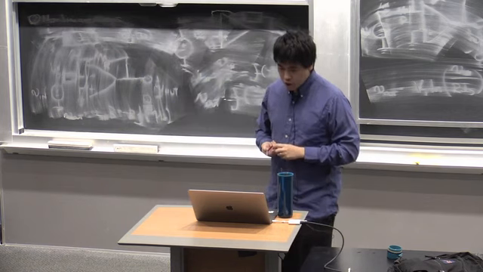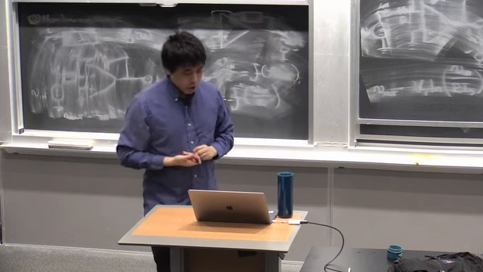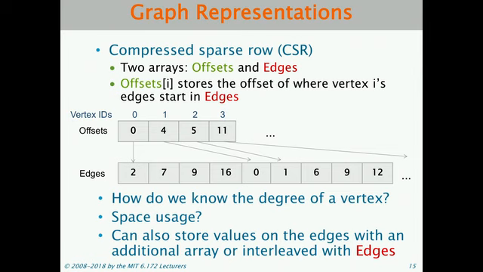You can also store values or weights on the edges. One way to do this is to create an additional array of size m, and then for edge i, you just store the weight or the value in the ith index of this additional array. If you're always accessing the weight when you access an edge, then it's actually better for cache locality to interleave the weights with the edge targets.